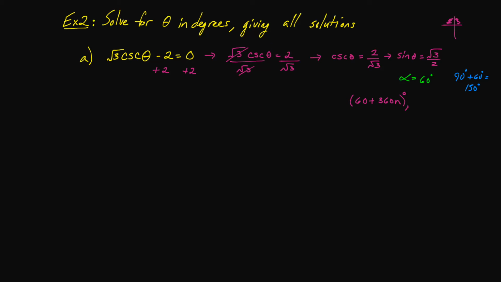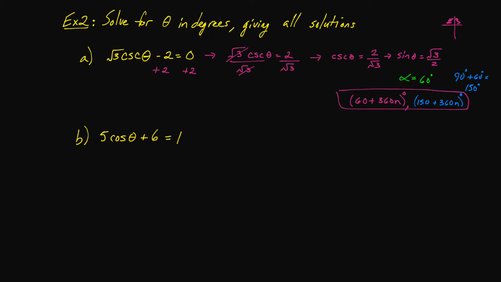So now, I'm going to keep this in blue, we have 150 for our equation plus 360n, and all of this is in units of degrees. And then this here is your answer.